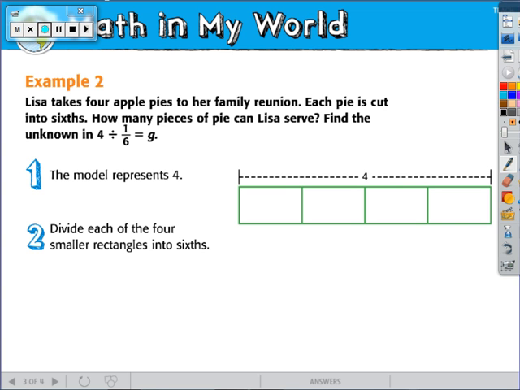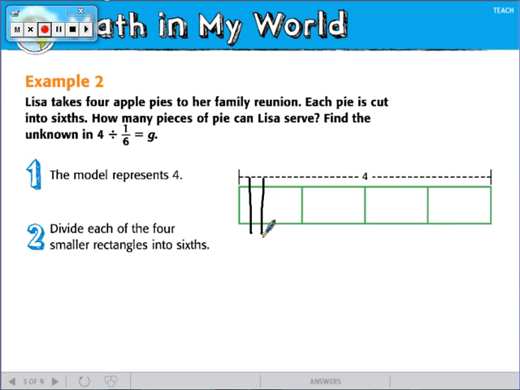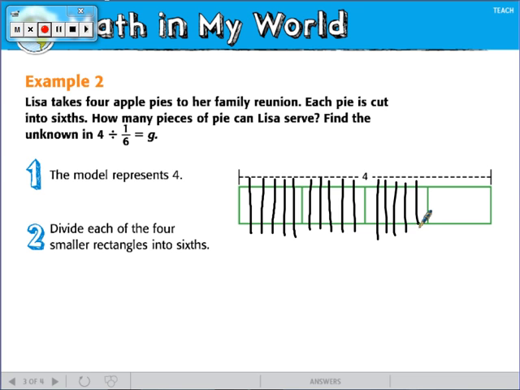Okay? So, we have to divide each one into 6 pieces. 1, 2, 3. So I need 5 lines in each one. And I know my lines aren't perfect, but that's okay, it's just for modeling. Okay?